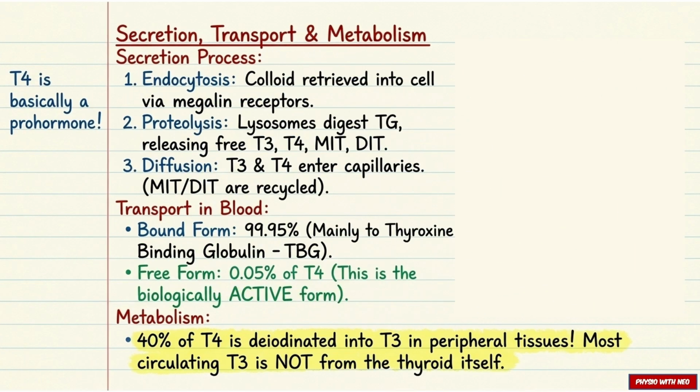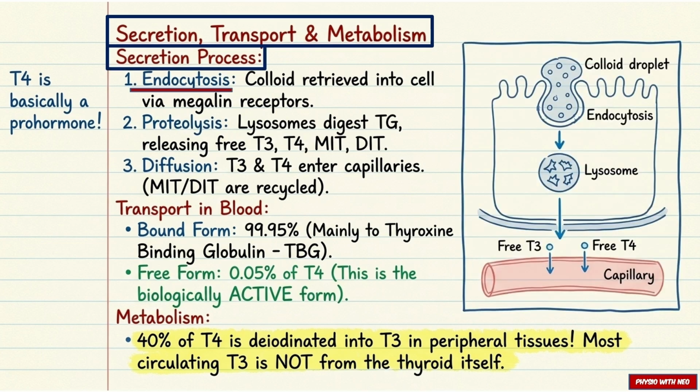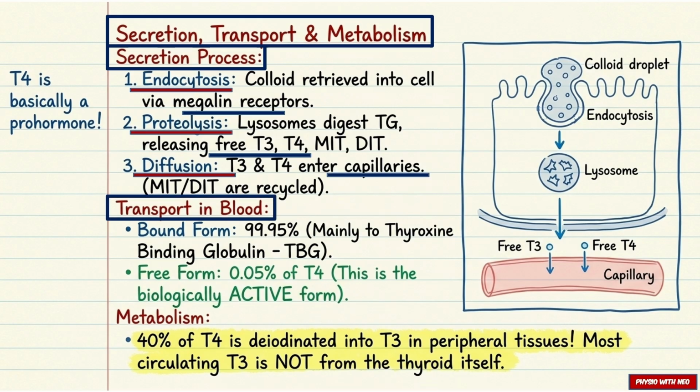After biosynthesis, next stage is the secretion and transport. This secretion process involves three stages. First one is endocytosis. Here the colloid is retrieved into the cell via endocytosis. And after that, there is proteolysis. That is, a lysosome digests the thyroglobulin, releasing free T3, T4, MIT, and DIT, which diffuse across the capillaries and enter into the blood. Once T3 and T4 enter into the blood, they are transported in two forms.